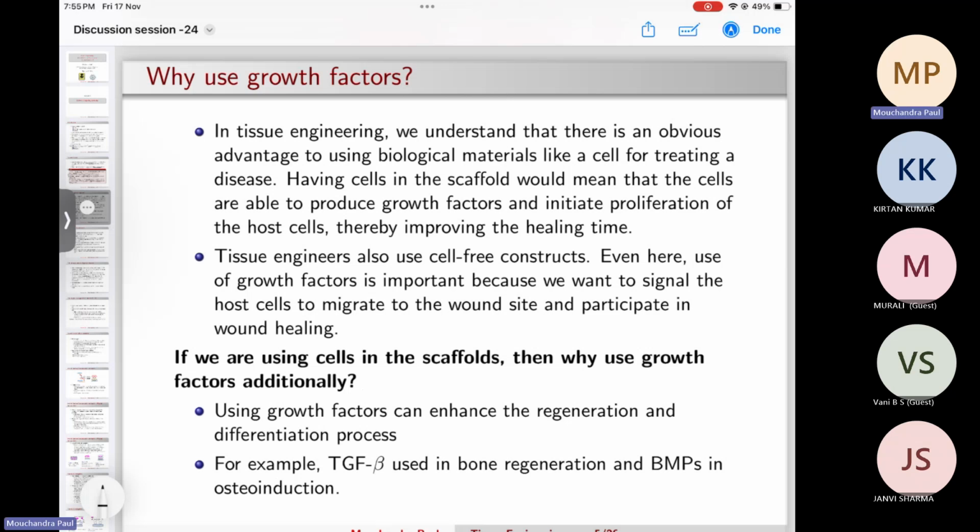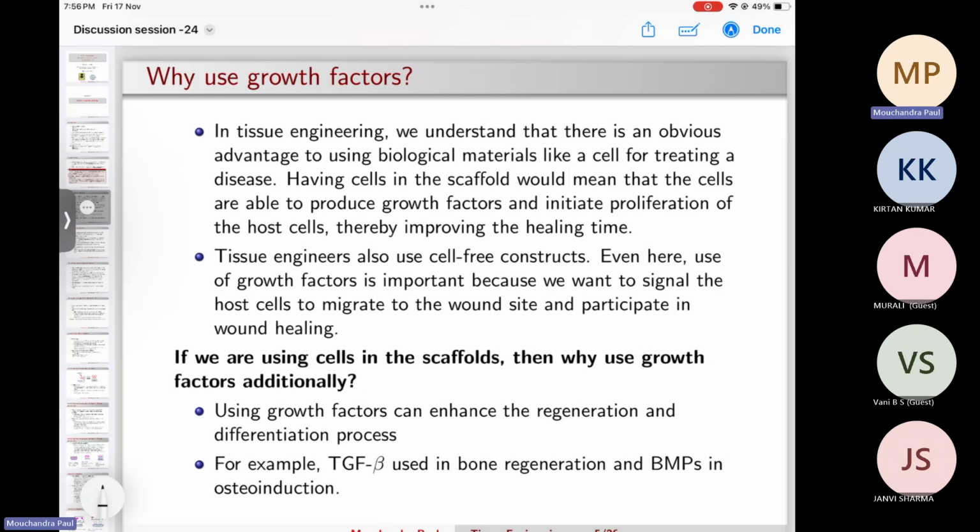Having cells in the scaffold means the cells are able to produce their own growth factors, and through these growth factors they will initiate proliferation of the host cells, thereby improving the healing time. So cells are themselves the source of growth factors, right? Why would we then need to deliver additional growth factors?